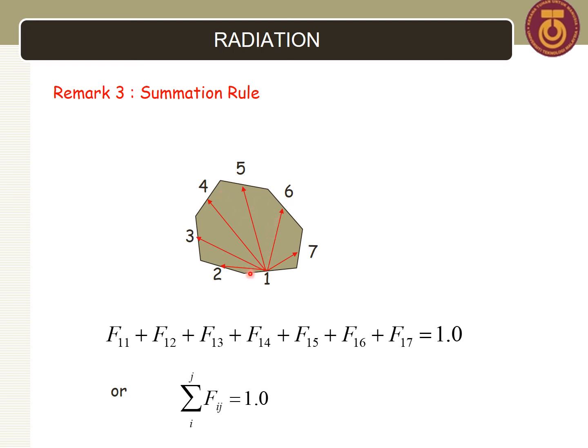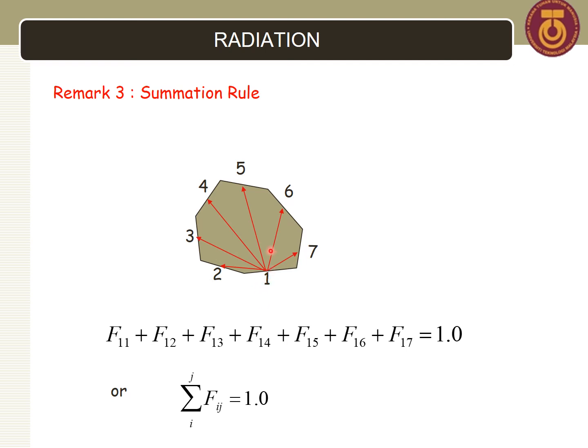And sometimes, depending on its geometry, it will have a view factor with respect to itself, like what we explained in the previous slide. You can see this example. This enclosure consists of seven surfaces: 1, 2, 3, 4, 5, 6, 7. So let's take surface 1 as an example.